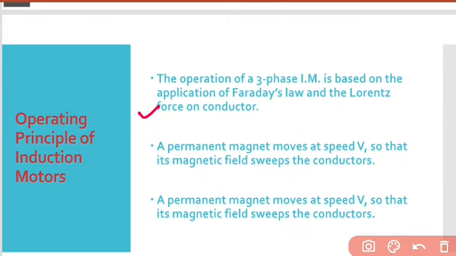A permanent magnet moves at speed v so that its magnetic field sweeps the conductors. This point tells us that as the permanent magnet moves at speed v, its magnetic field sweeps the conductor.